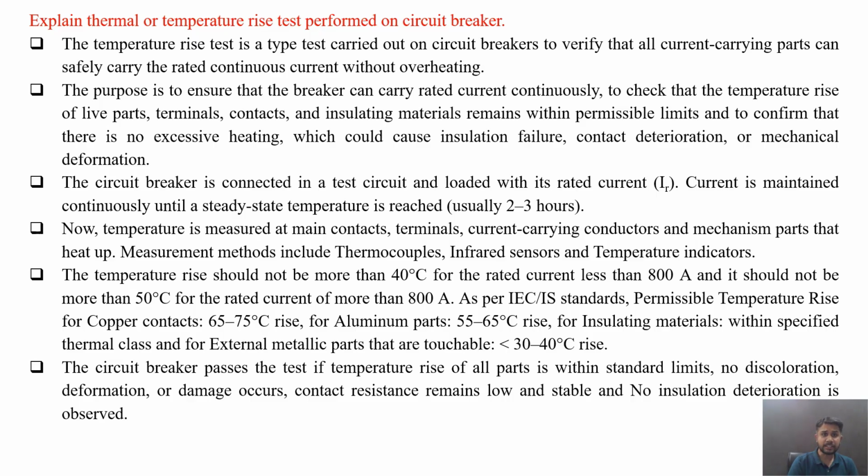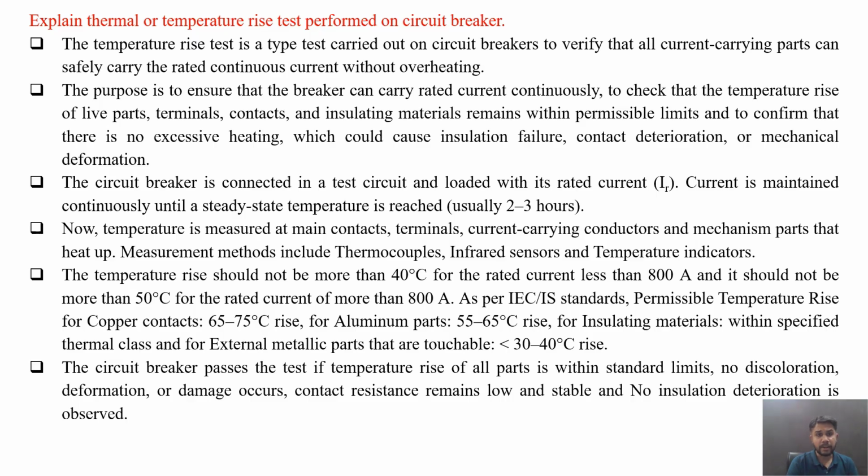The circuit breaker is connected in a test circuit and loaded with its rated current, that is IR, the rated current mentioned on the nameplate of the circuit breaker. Current is maintained continuously until a steady state temperature is reached, usually for 2 to 3 hours. Now temperature is measured at main contacts, terminals, current carrying conductors and mechanical parts that heat up.